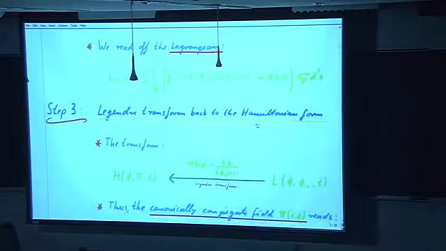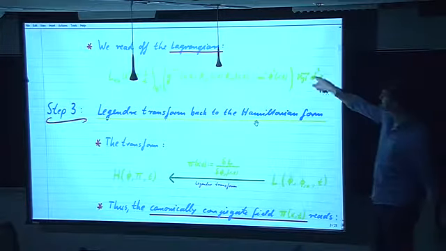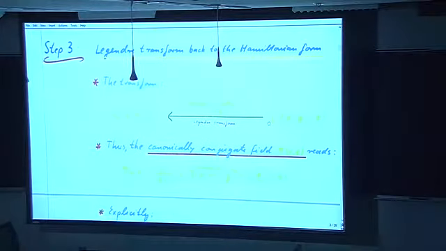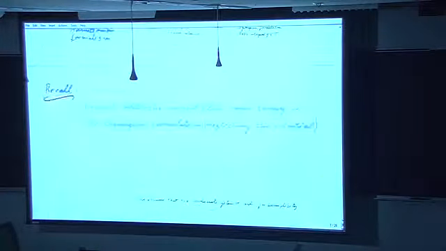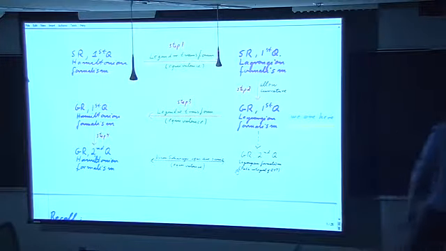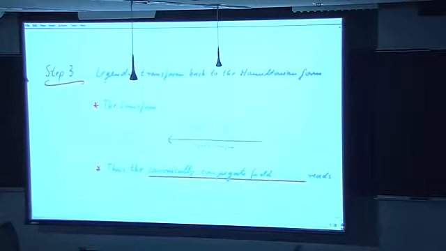Okay, so here's the Lagrangian. Same as the action, but we drop the time integration. Now we do step 3. Remember, that was this one. Lagrangian to Hamiltonian. And here's how we do that.